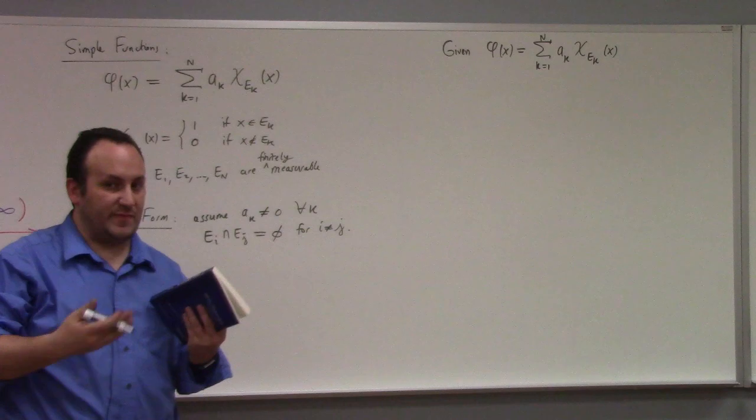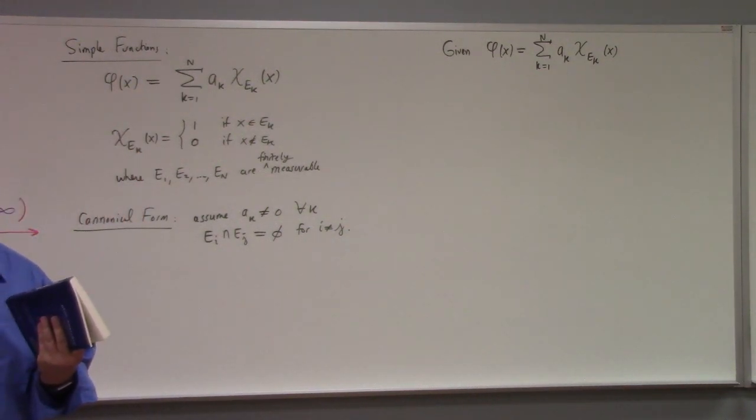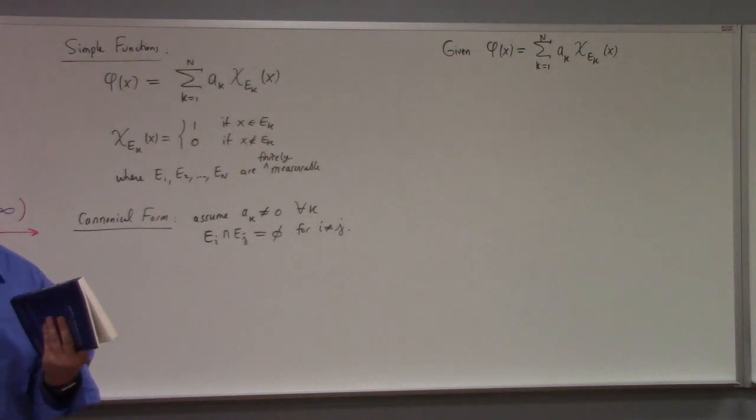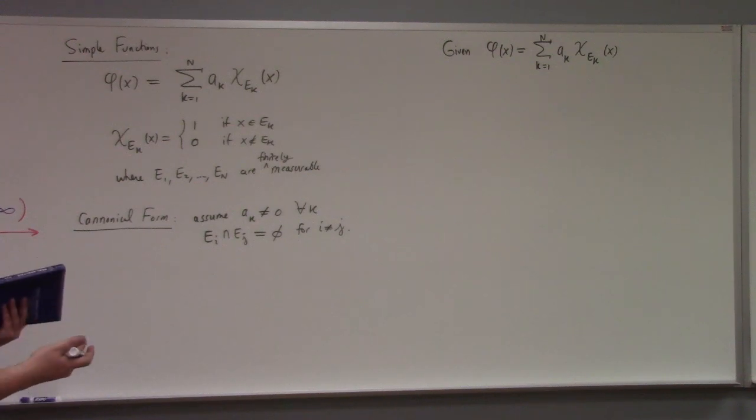Because we don't make part of the definition of simple function that the sets have to be disjoint, or that the numbers have to be non-zero. So just because it's a simple function doesn't mean that it's already in canonical form.